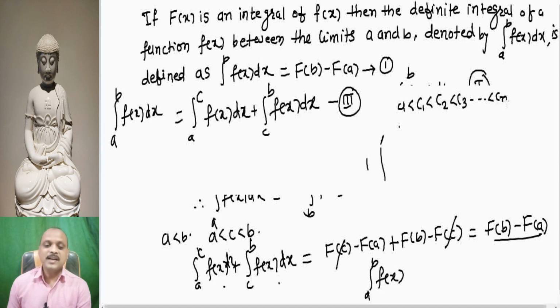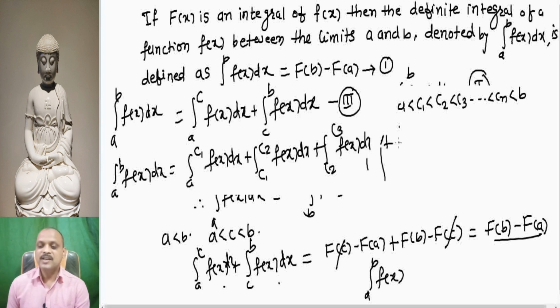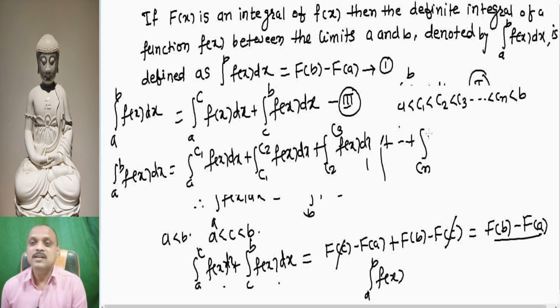Then we can write the same integration of f of x dx as integration a to c1 f of x dx plus integration c1 to c2 f of x dx plus integration c2 to c3 f of x dx plus ... plus integration cn to b f of x dx. This is the third property of definite integral.